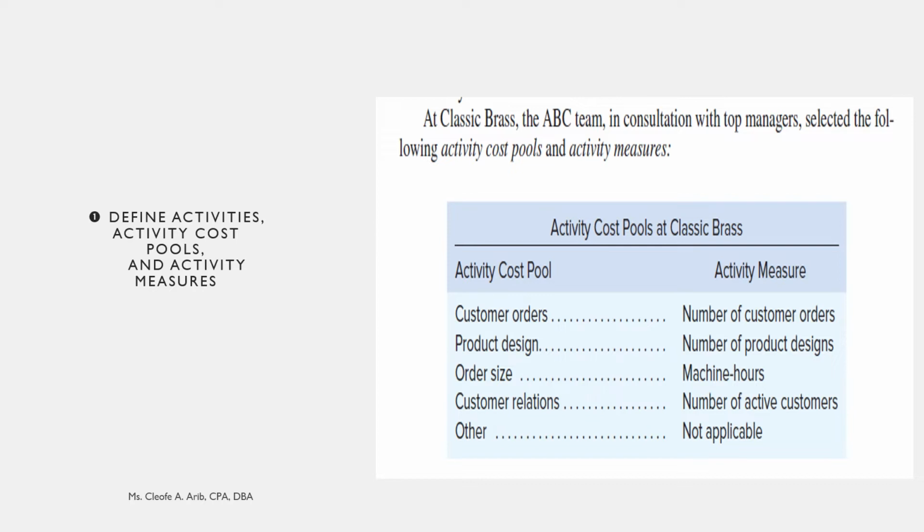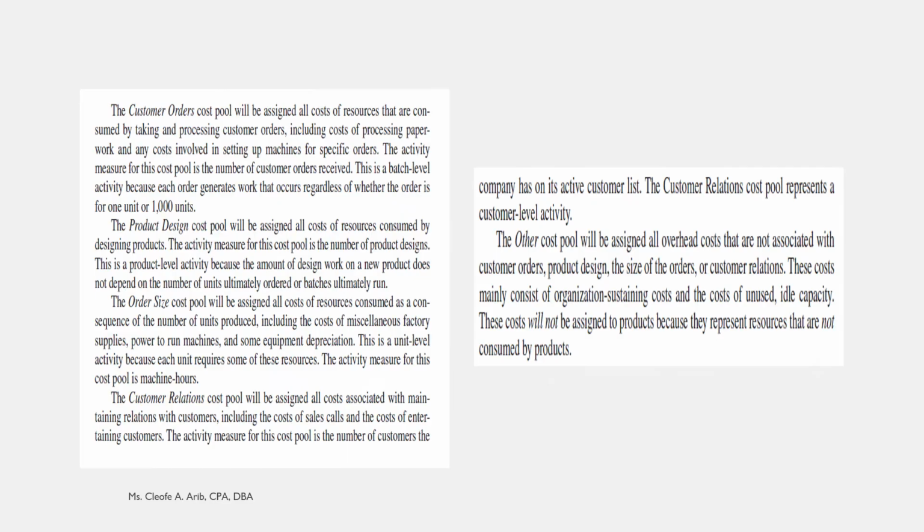Itong cost na to will not be assigned to products because they represent resources that are not consumed by products. In this slide, we have further explanation on what cost will be attributed to a particular cost pool at saka yung kanilang description, further description ng kanilang activity measure. So, paki-go over na lang.